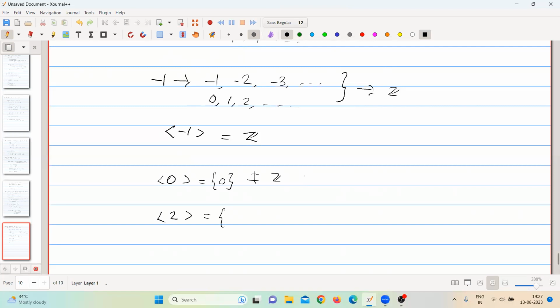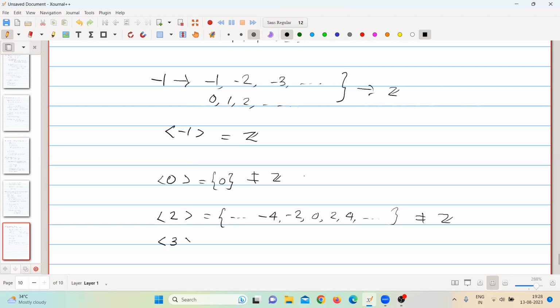What are all the elements generated by 2? All the multiples of 2: minus 4, minus 2, 0, 2, 4, etc. So this is not equal to Z. That means odd numbers do not belong to it.